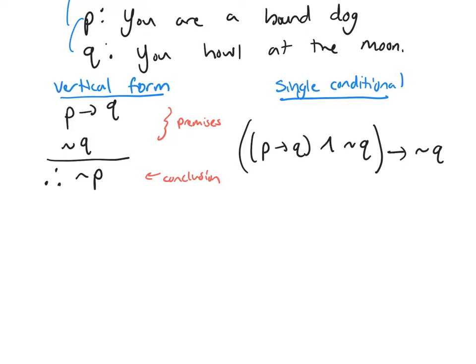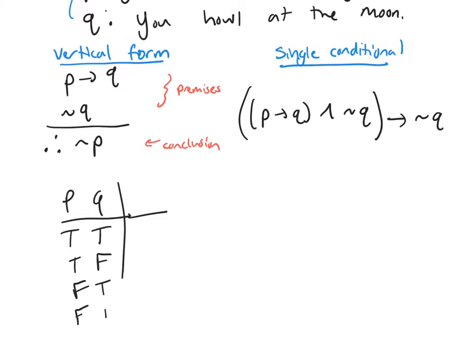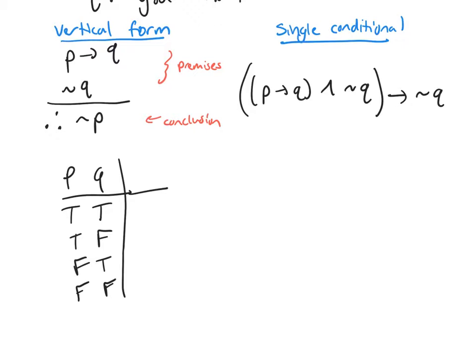And now that we have it written, we can construct our truth table, P Q. Here I have two statement variables, so remember that our truth table has 4 rows. And so look what you're going to need. I need my first premise, if P then Q. So true, false, true, true.